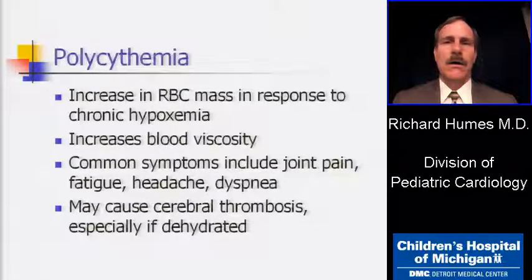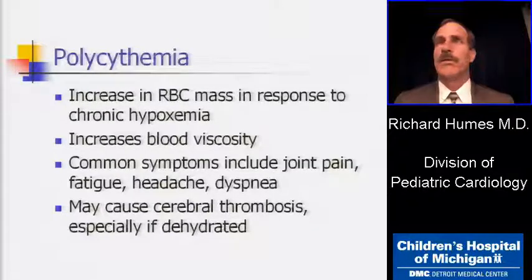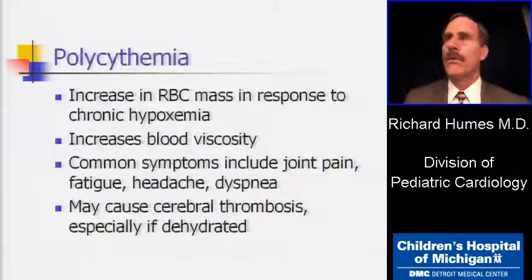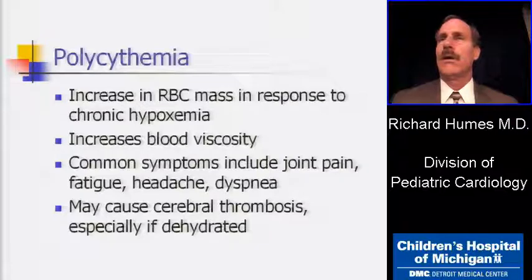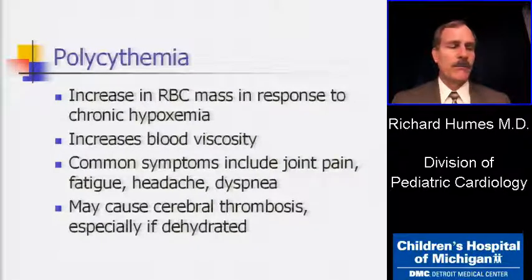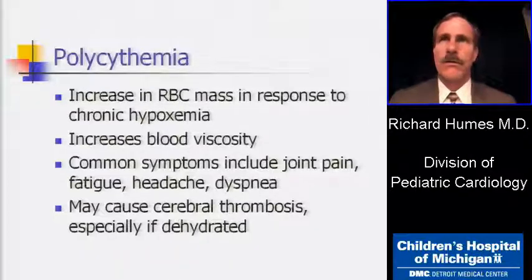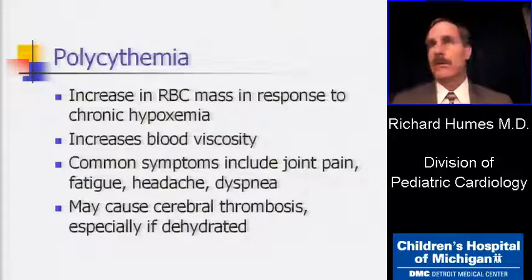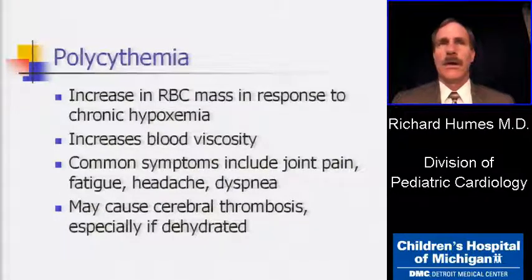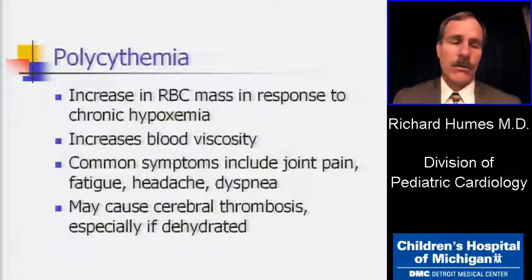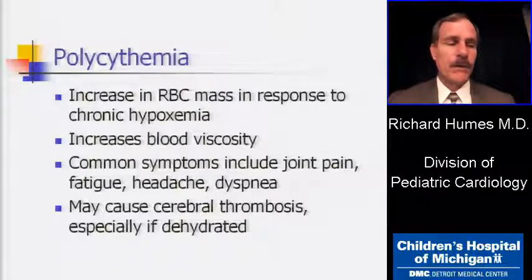Polycythemia can occur in patients with long-standing cyanotic congenital heart disease. Again, these are not patients that you're going to see very much of these days. We don't have that many uncorrected patients around anymore. This will increase their red blood cell mass in response to this chronic hypoxemia, and if it gets high enough, particularly over a hematocrit of about 65, this will increase their blood viscosity.